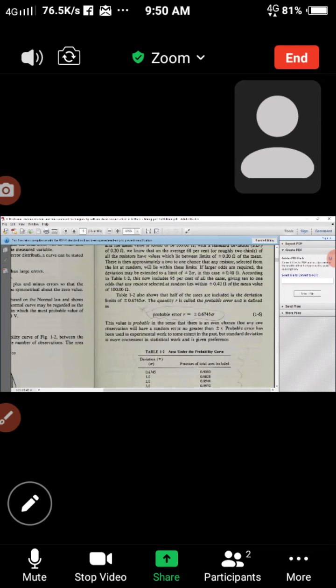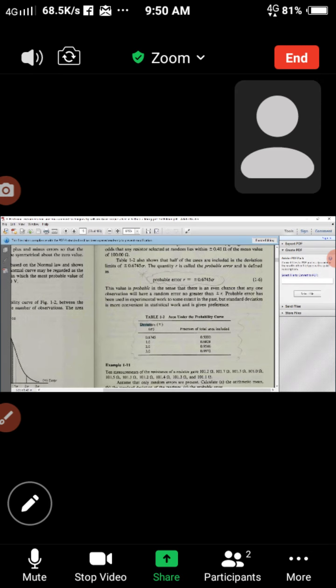We are binding it in the equation. Deviation sigma is 0.6745 of original. 1 deviation, 2 deviation and 3 deviation as given above.